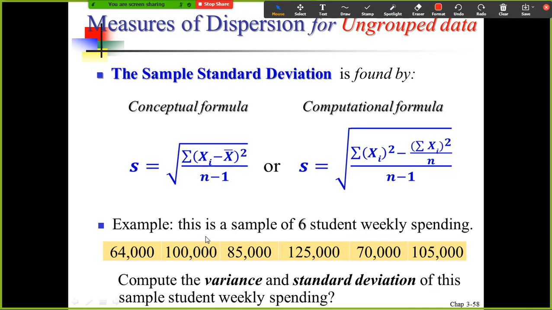That's why we have a sample dataset with 6 students, so our dataset should be 6 weekly spending values. Based on this sample dataset of student weekly spending, compute the variance and standard deviation of this sample.